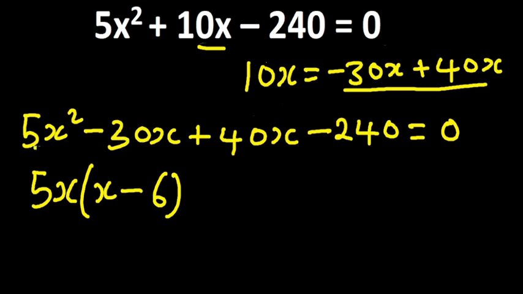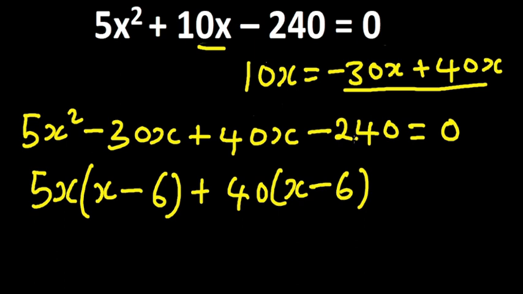Also, 30 divided by 5 is going to give us 6. So, plus. Now, the greatest common factor between 40x and 240 is 40. Because if you multiply 40 by x, you're going to get 40x. And if you multiply 40 by 6, you're going to get negative 240. And also 240 divided by 40 is 6.